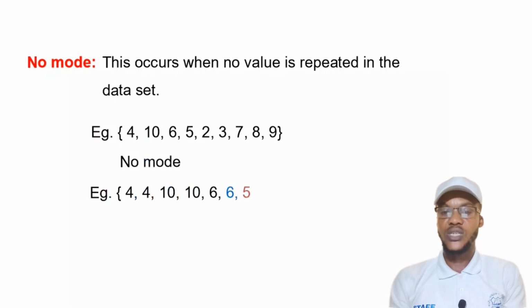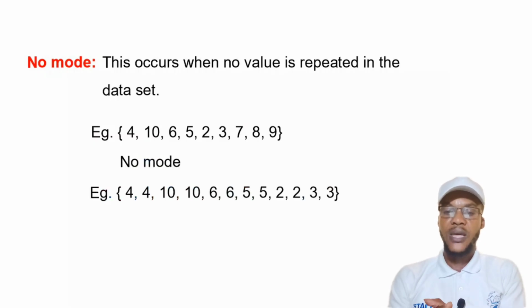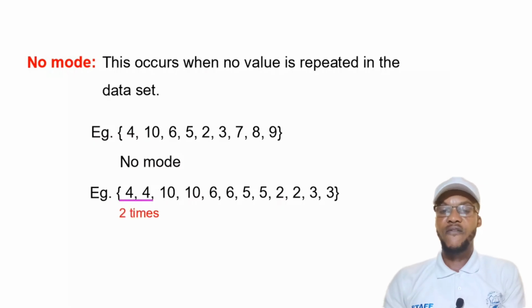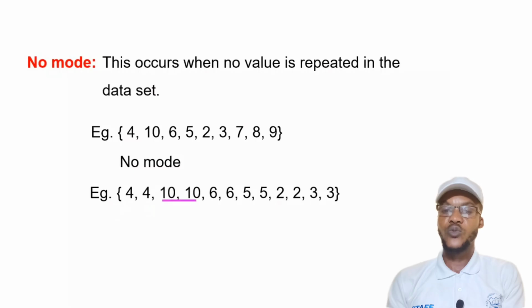You can also have a situation where numbers are repeating, but all the numbers repeat the same number of times. If you look at 4, it appears twice. If you look at 10, it also appears 2 times. You can also get 6, which appears 2 times.